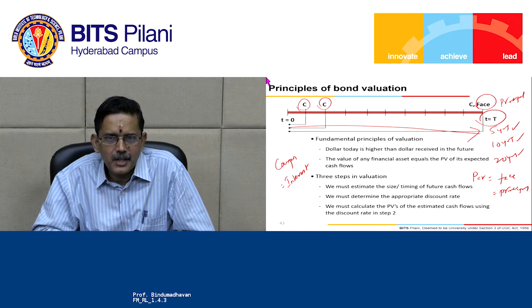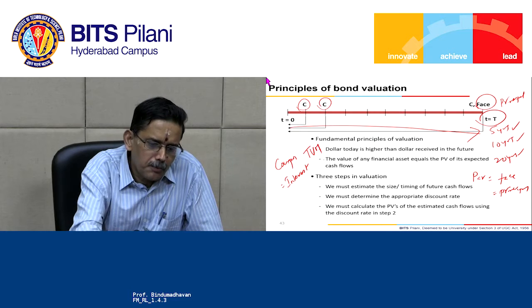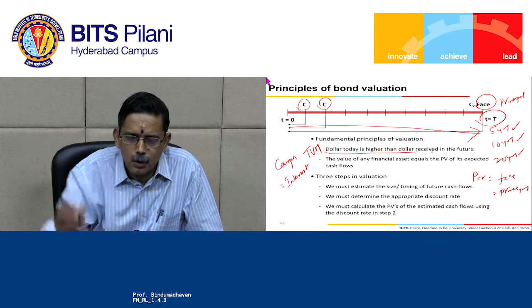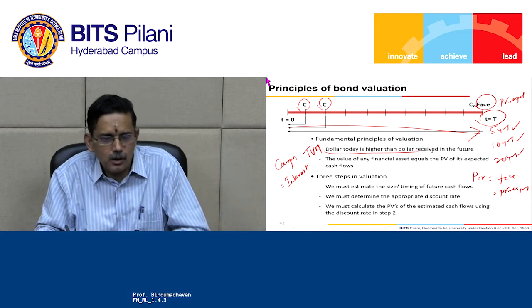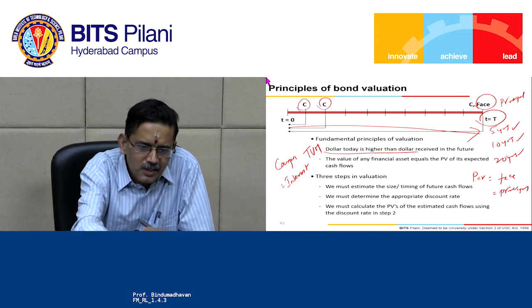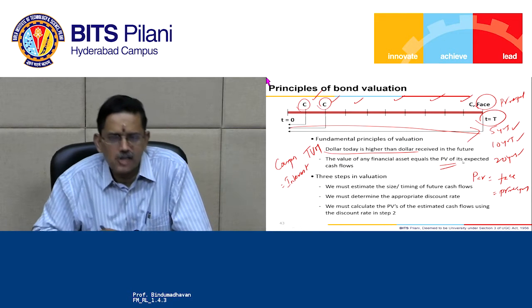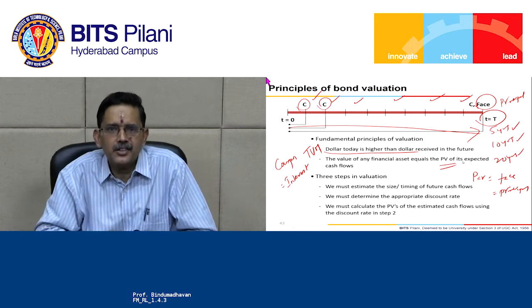We know that the fundamental principle that we will be leveraging is called the time value of money. That means that $1 today is worth more than $1 received in the future. Which means that we will have to forecast these cash flows, and then find the present value of these cash flows. That is how we will value any security.